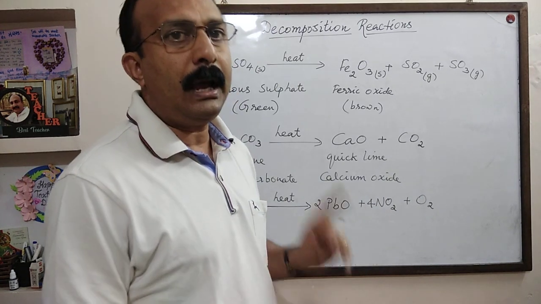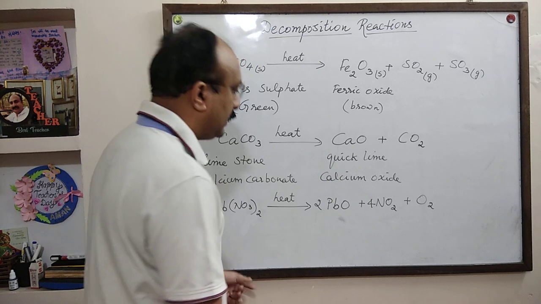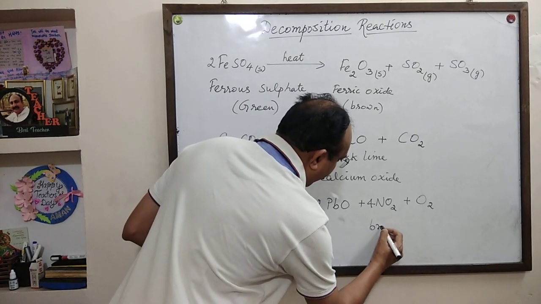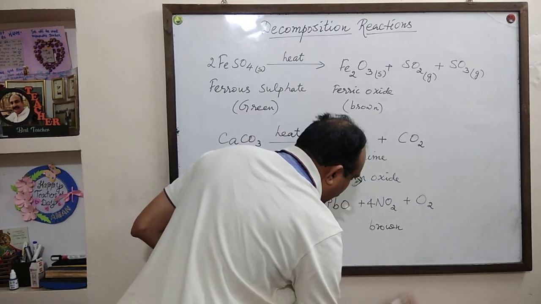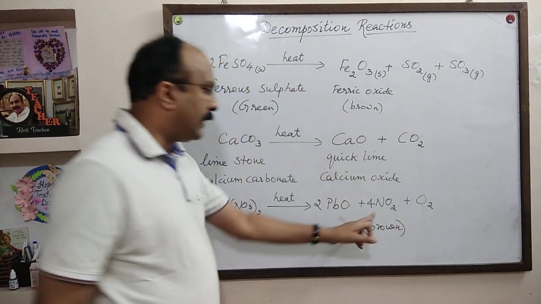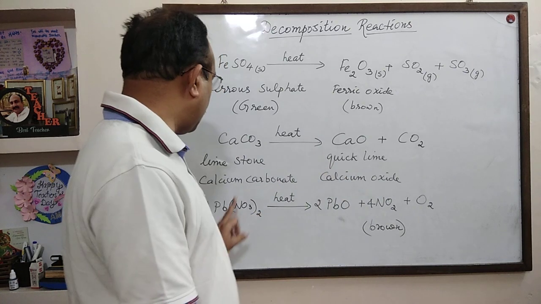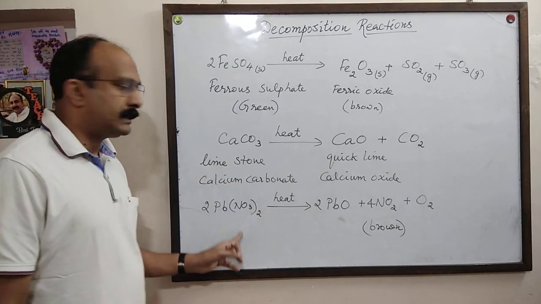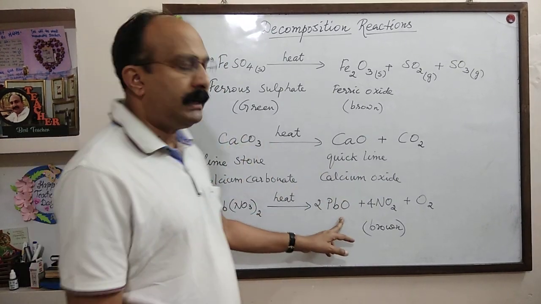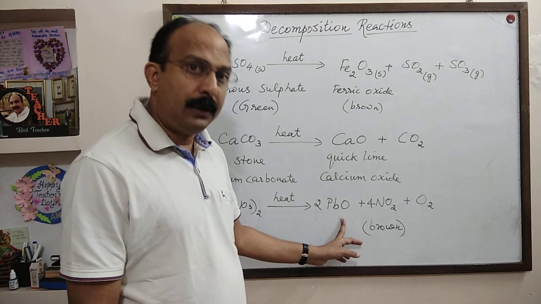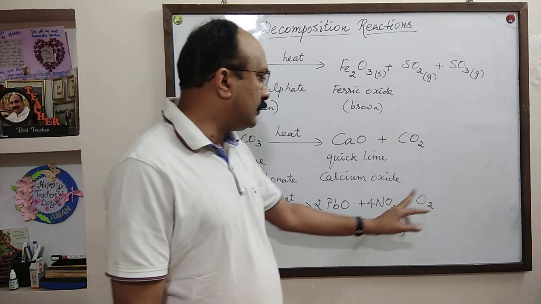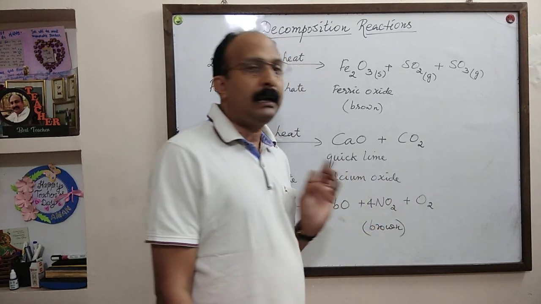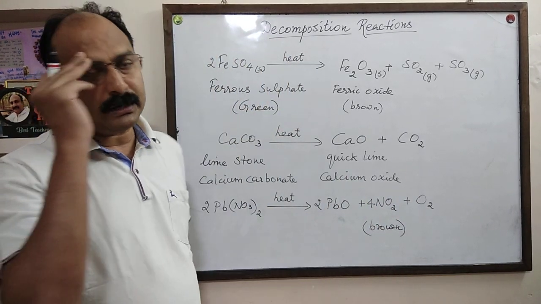This nitrogen dioxide gas is brown in color. So you can see the brown fumes of NO2 on heating lead nitrate crystals. The lead nitrate will turn into lead oxide along with the liberation of two gases NO2 and O2. This NO2, nitrogen dioxide gas, is brown in color.